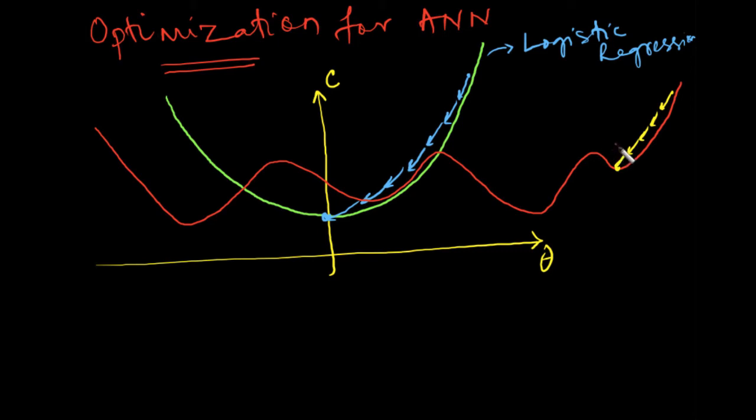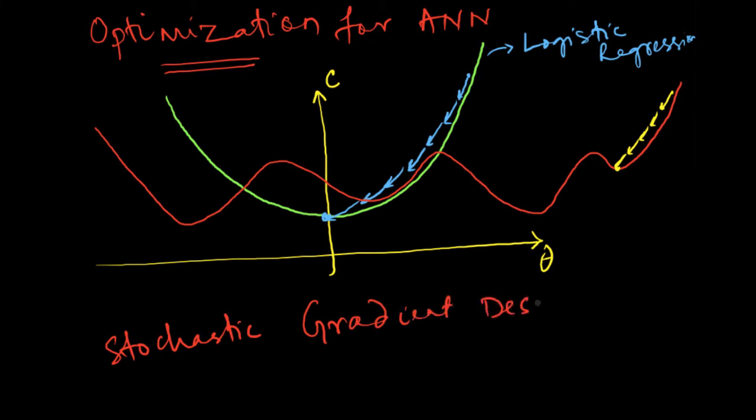So now what you do is that instead of using gradient descent in its original form, you use what is called stochastic gradient descent, or in short form it is also called SGD.